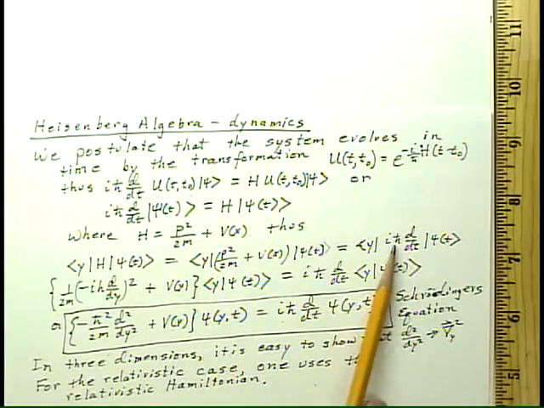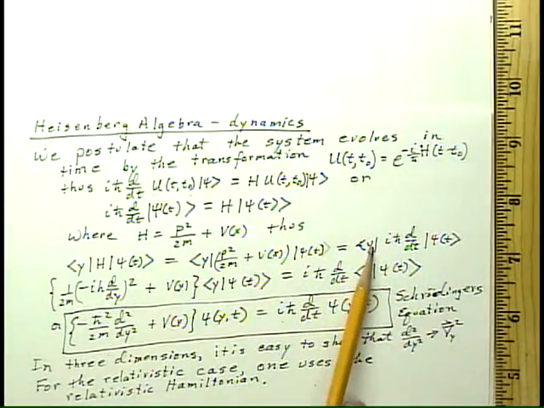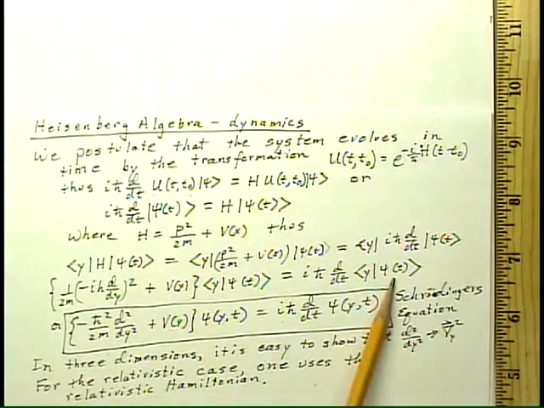On the right-hand side, we're able to bring out i h bar, and d/dt passes right through the <y| because <y| does not have any explicit time dependence.